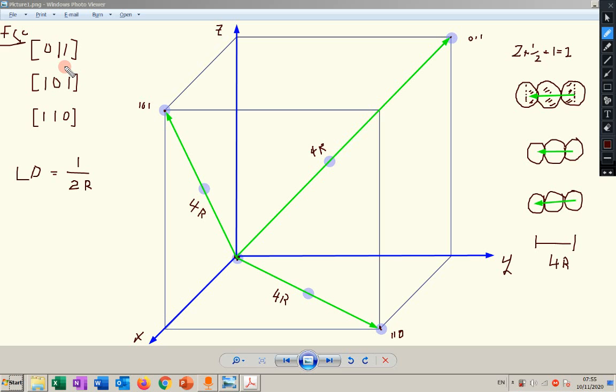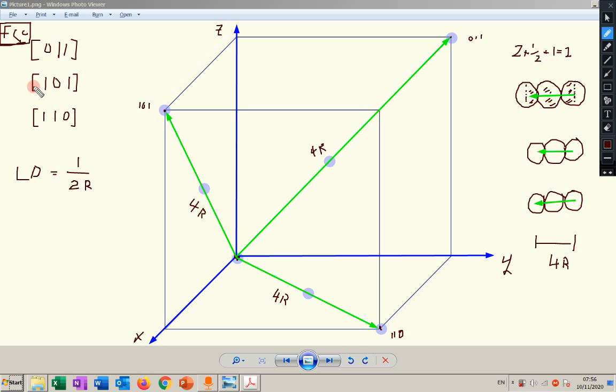If you have a direction and its linear density is equal to another direction for the same crystal structure, remember, for the same crystal structure, you cannot say that 0, 1, 1 is a member of a family with 0, 1, 1 for BCC, because this is for FCC. You're only comparing with FCC. So 0, 1, 1 is a family member with 1, 0, 1, 1, 1, 0, and many more.